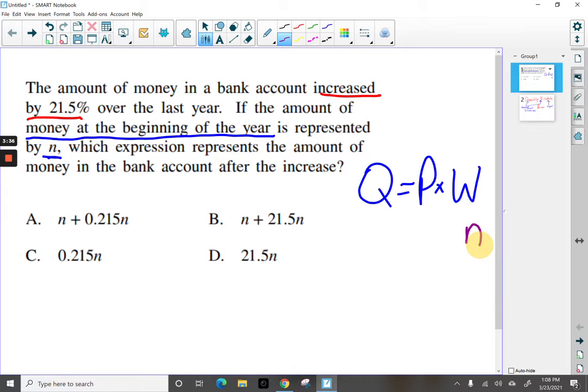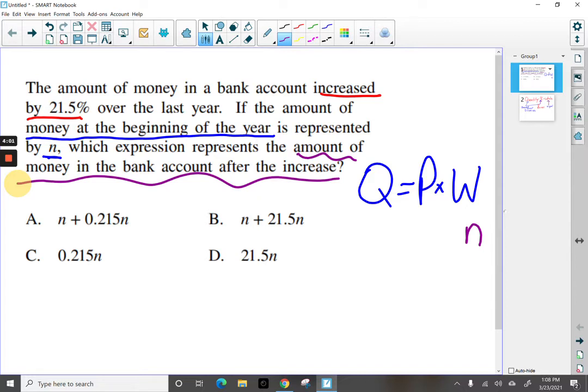Now there's two ways to really solve this problem. So let's first discuss using 21.5%. This is not going to give me my answer, because my answer wants to know the amount of money after the increase. But the 21.5% is only the percent by which it is increasing.